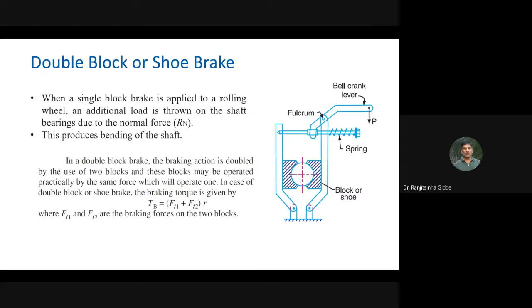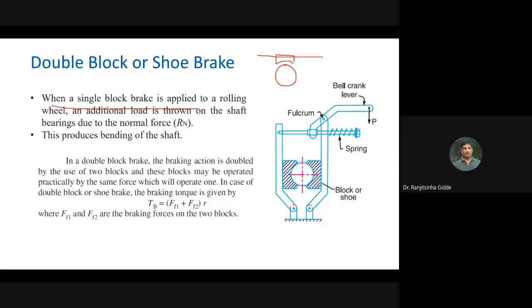Then another type of brake, that is the double block or shoe brake. In case of a single block brake, this is the rotating wheel and this one is the block.